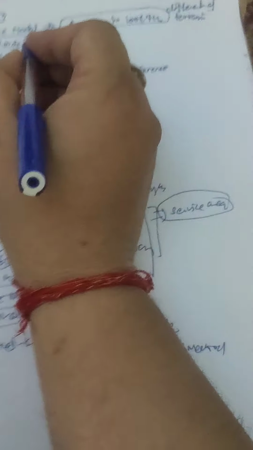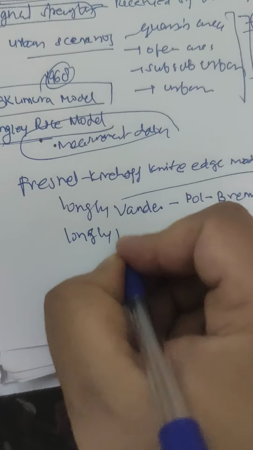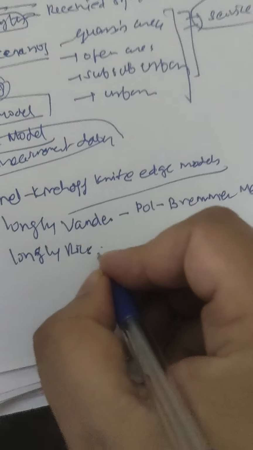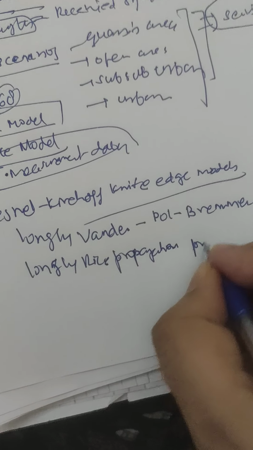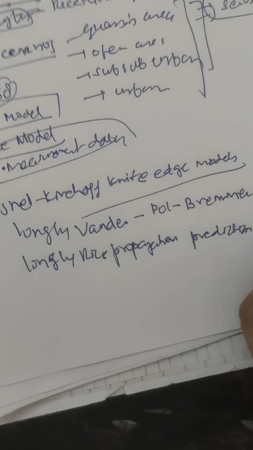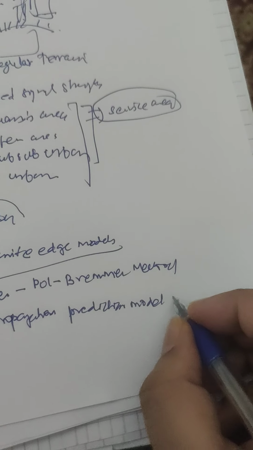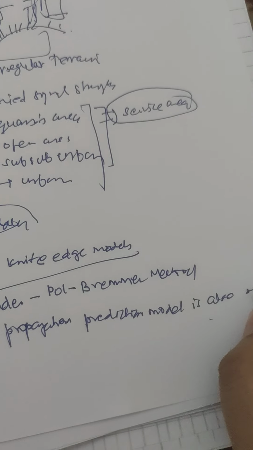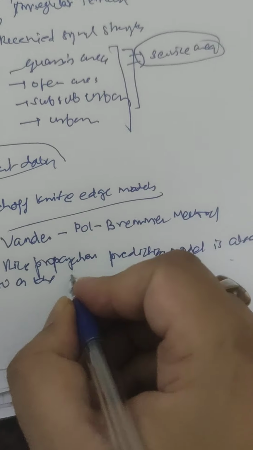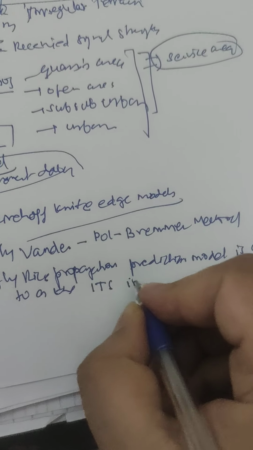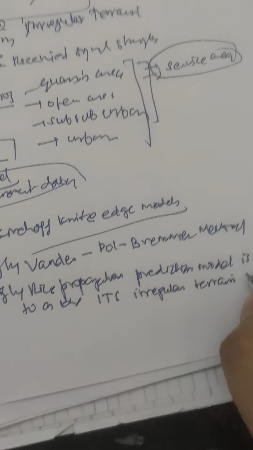So the Longley-Rice propagation prediction model is also referred to as the ITS irregular terrain model.